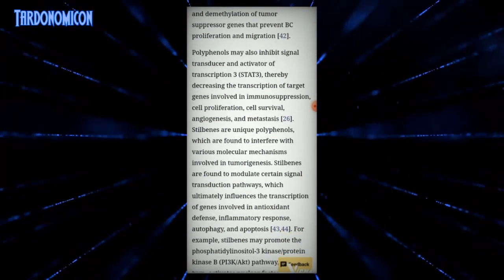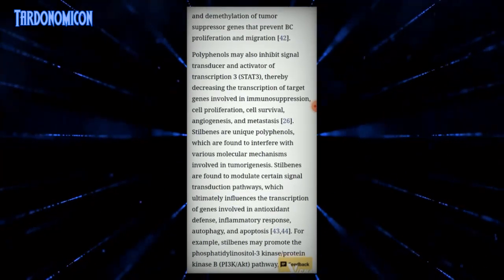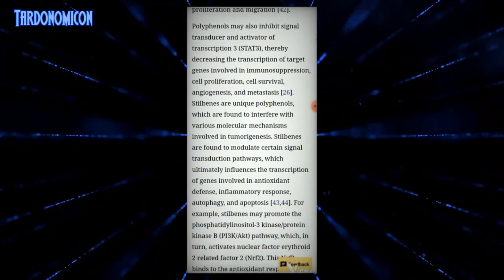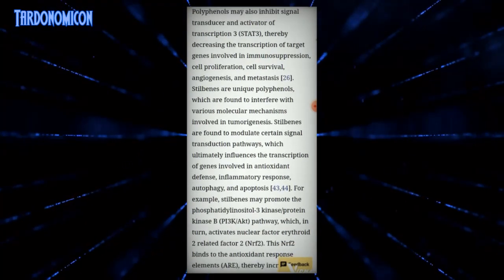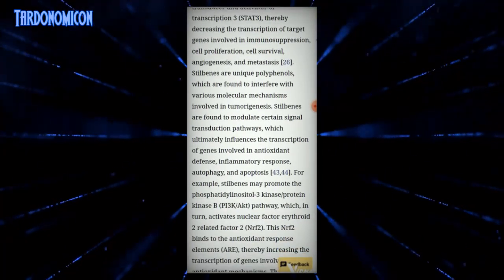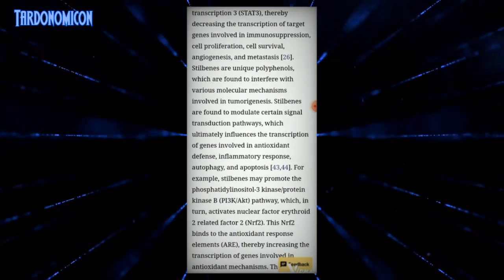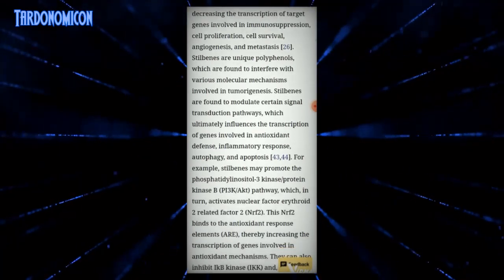Polyphenols also inhibit signal transducer and activator of transcription 3, thereby decreasing the transcription of target genes involved in immunosuppression, cell proliferation, cell survival, angiogenesis, and metastases.